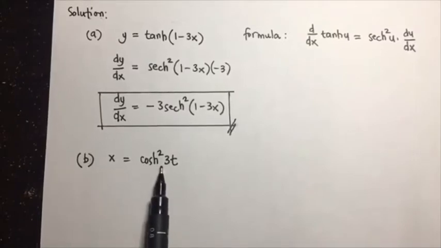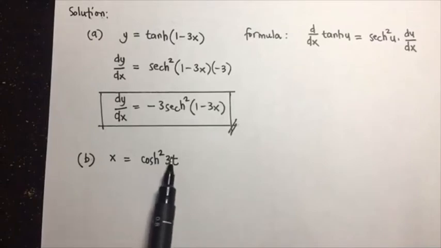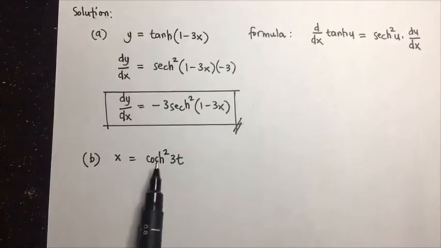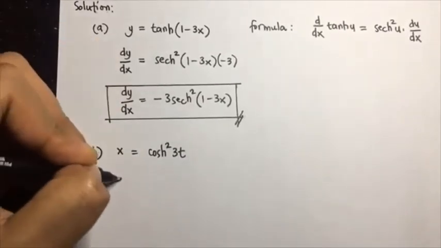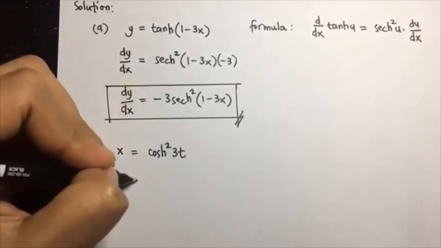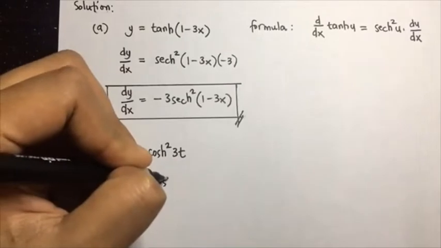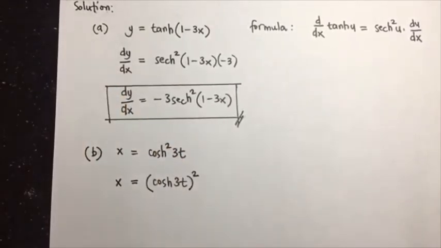What we do have is the derivative of hyperbolic cosine only. But you can see that this can be derived using the general power formula. We just have to express the 2 explicitly so that we can see it's a general power formula. So x is equal to hyperbolic cosine of 3t, and then squared.